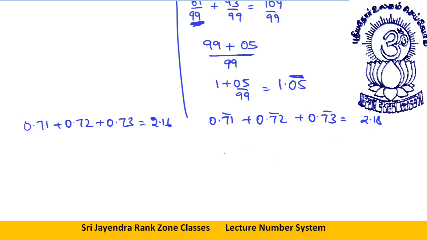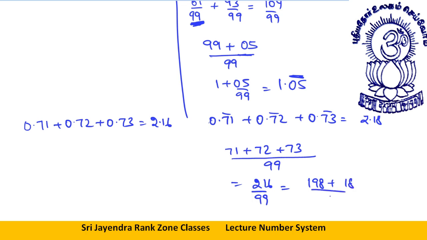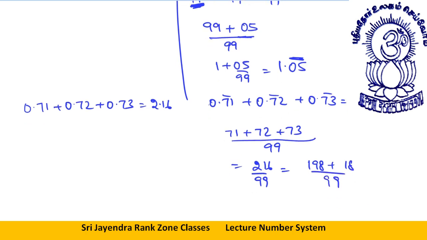See, 71 by 99, all of them will be below 99. 72, 73. This becomes 216 by 99. This I will write as 198 plus 18 by 99, and 198 by 99 is what? 2. 18 by 99. This becomes 2 plus 0.18 bar, or I can say 2.18 bar. The same thing.